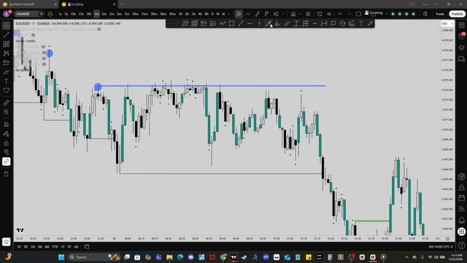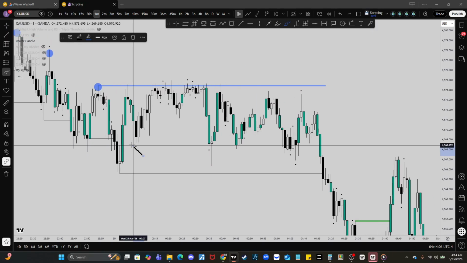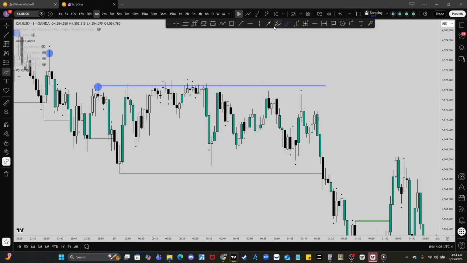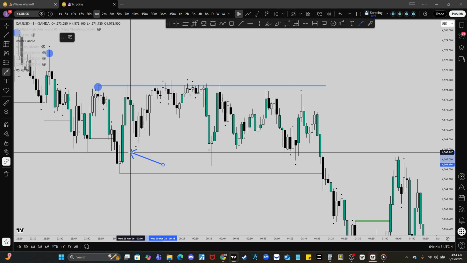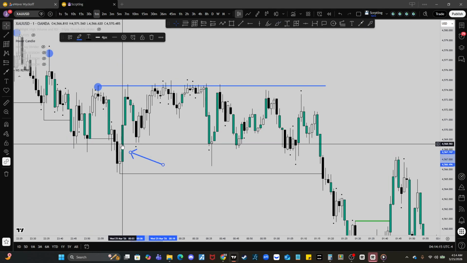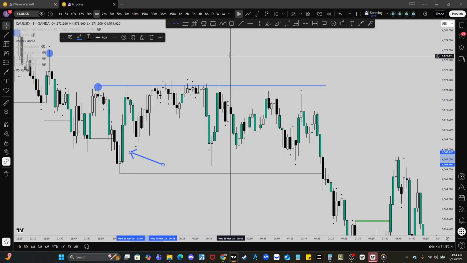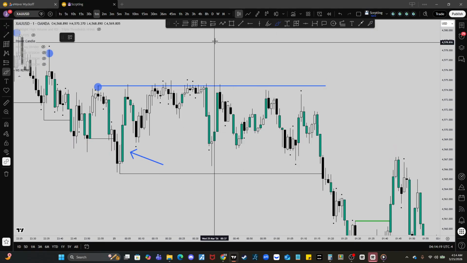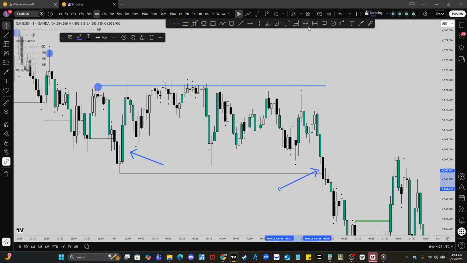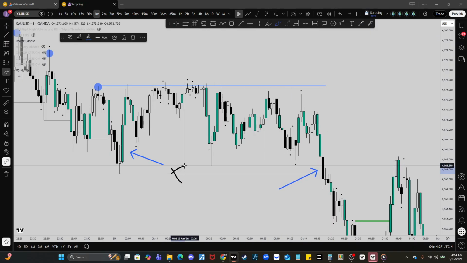And so it gets closed over by this candle here. Close over it. And then now the candle in question gets closed below by this candle here. So now we have another break of structure.